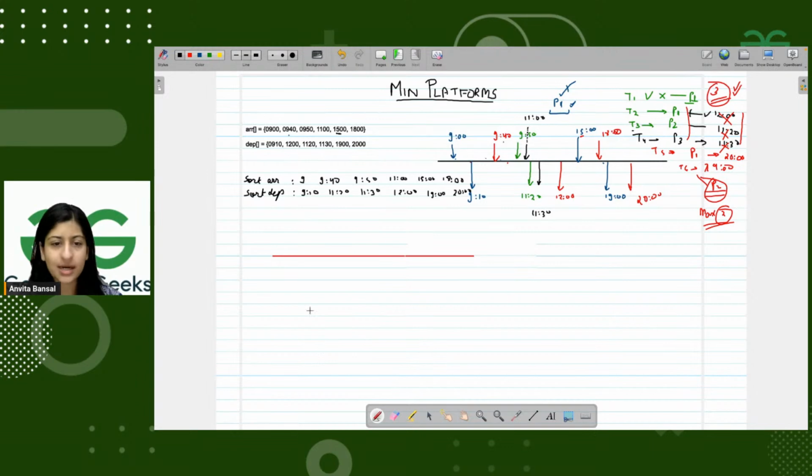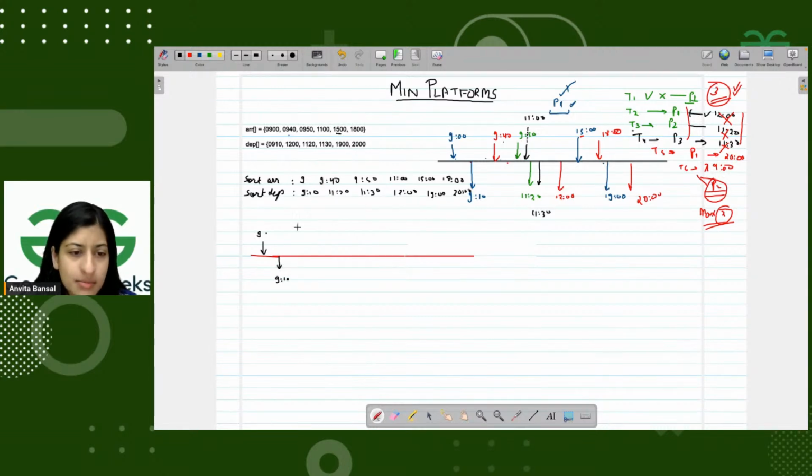Now try to understand it in this way. See, some train comes at 9, right? This is at 9, and some train leaves at 9:10.